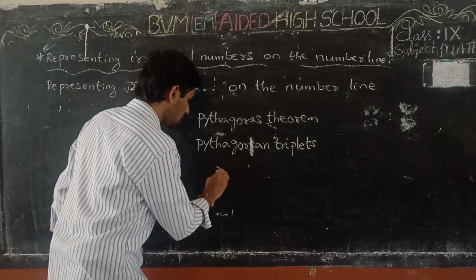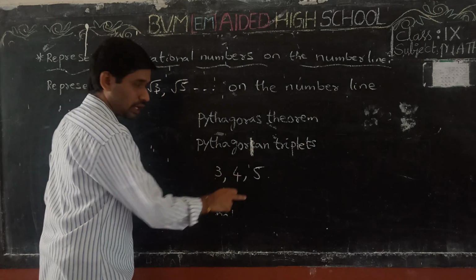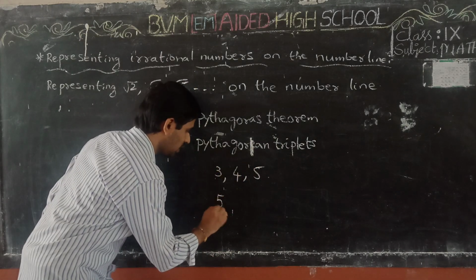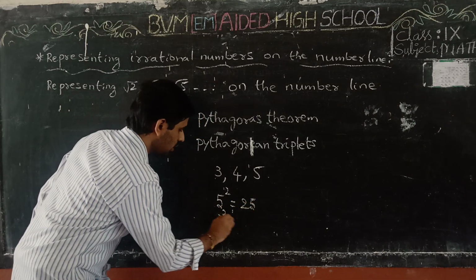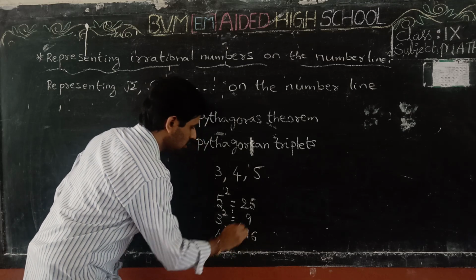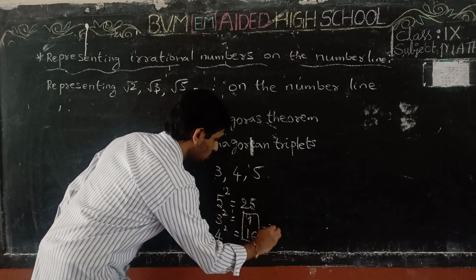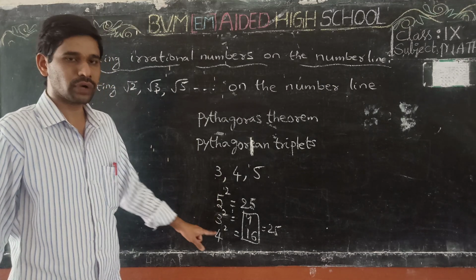For example, if you take 3, 4, 5. Square of the bigger number, 5 square is 25. 3 square, 9. 4 square, 16. 9 plus 16 gives 25. The square of the bigger number is equal to the sum of the squares of the other two numbers.